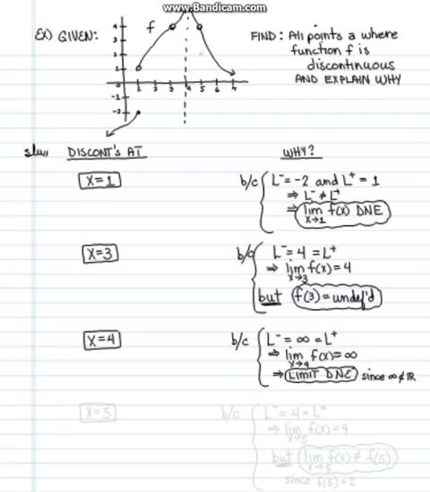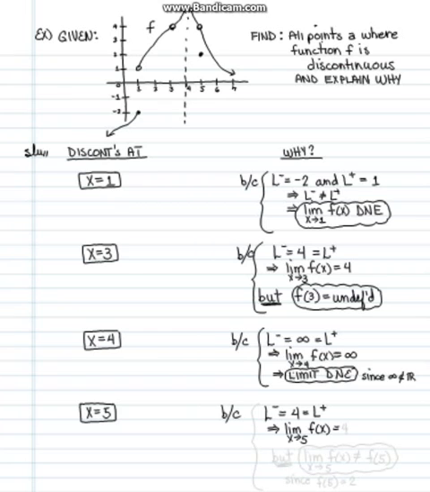And finally, look at the value x equals 5. There's that gap, that hole, and we actually have the function defined with a single point at y equals 2, which I had forgotten to draw. So x equals 5 has a discontinuity there, and that's because the left limit is equal to 4, and that's also equal to the right limit. So both from the left and the right, the y partners as we approach x equals 5 are approaching 4.